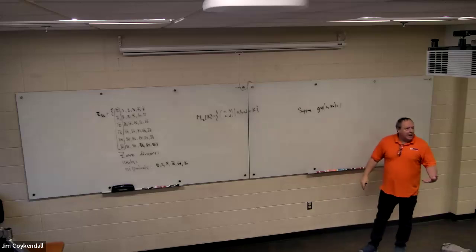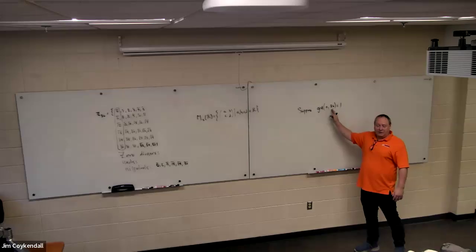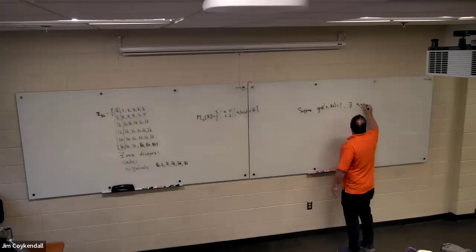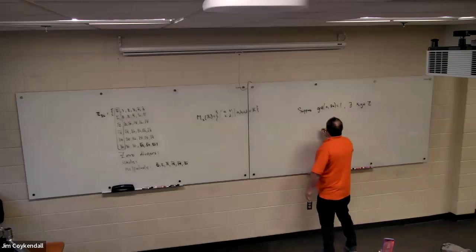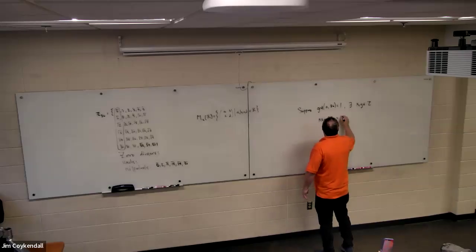What's a big thing that we had early on? There's a linear combination of n and 36 that gives you 1. Everybody agree with that? So there exist x and y such that nx plus 36y is equal to 1.